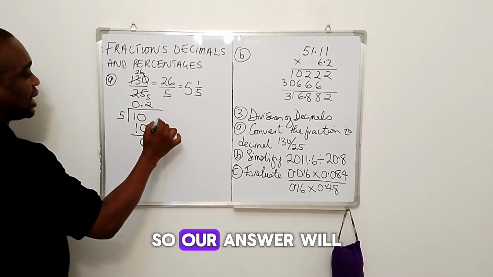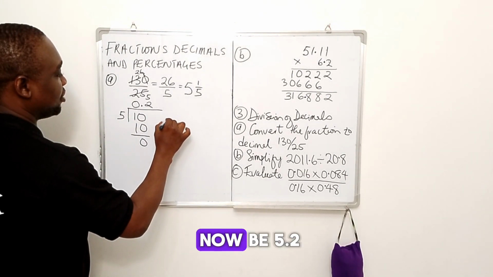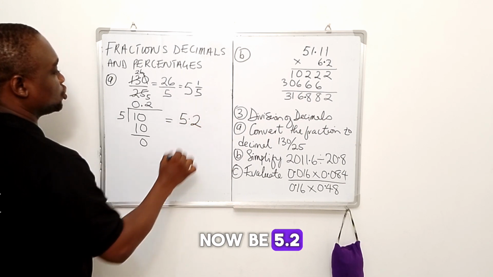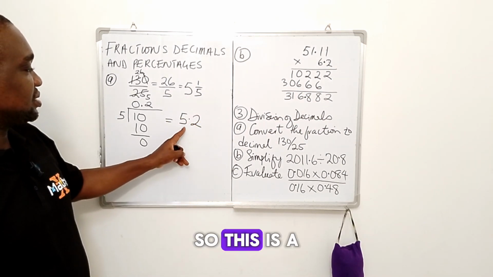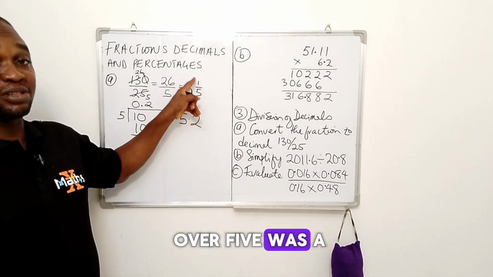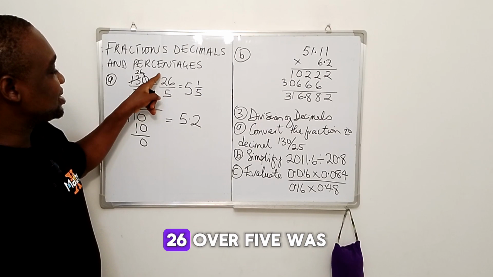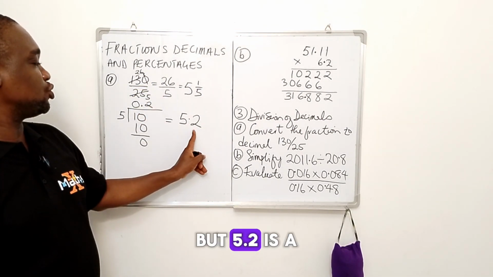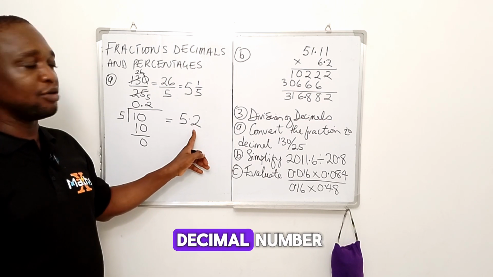So our answer will now be 5.2. So this is a number in decimal. 5 whole number 1 over 5 was a mixed fraction. 26 over 5 was an improper fraction, but 5.2 is a decimal number.